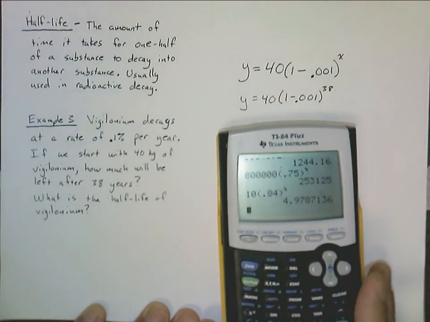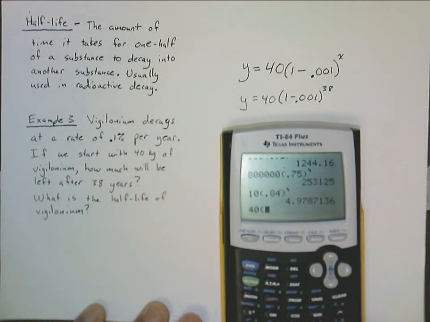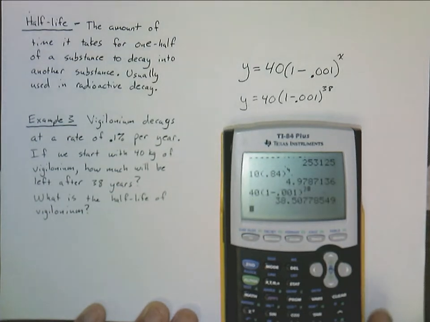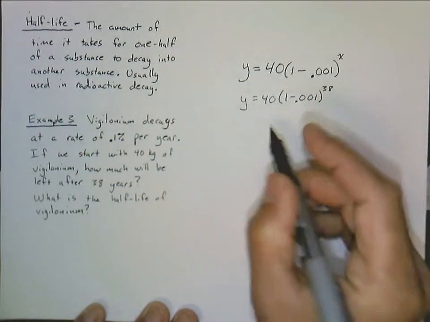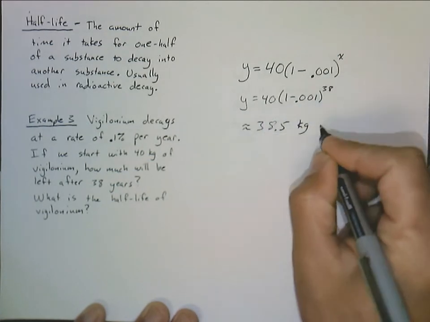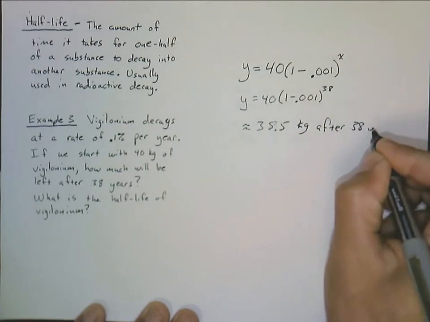And we can do that calculation right here. 40 times (1 minus 0.001) to the power of 38, and we're going to have about 38.5 kilograms after 38 years.